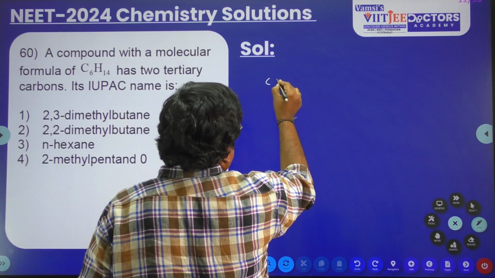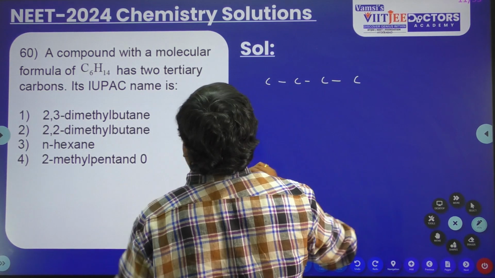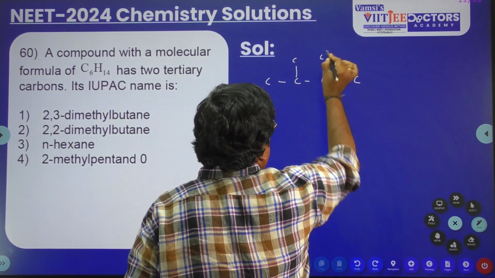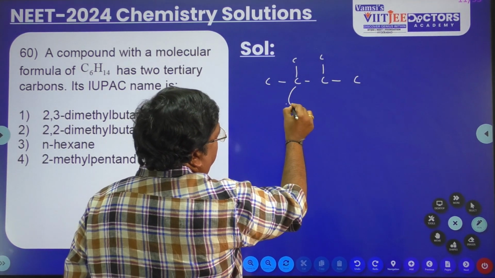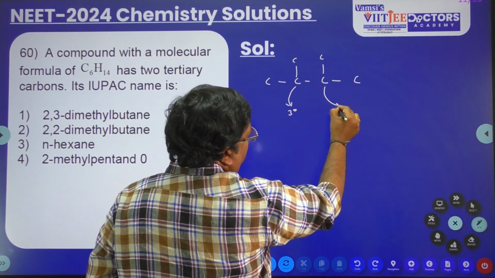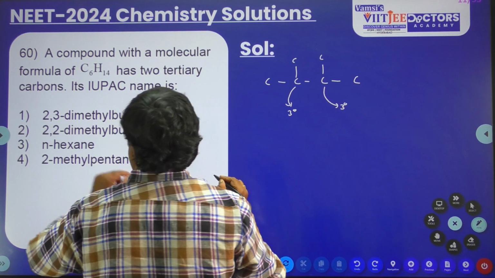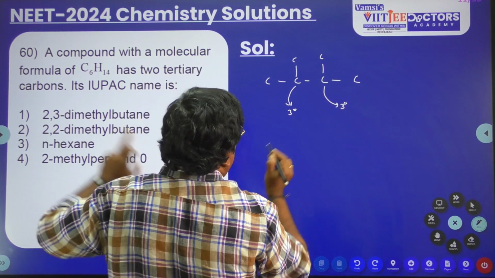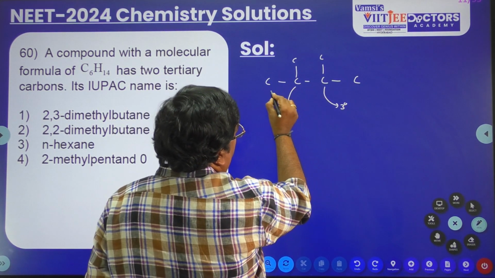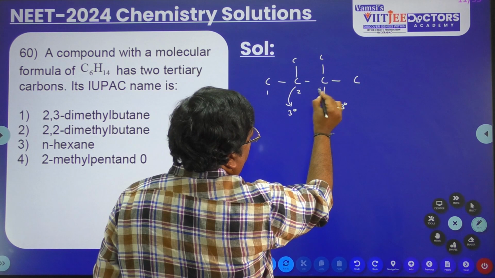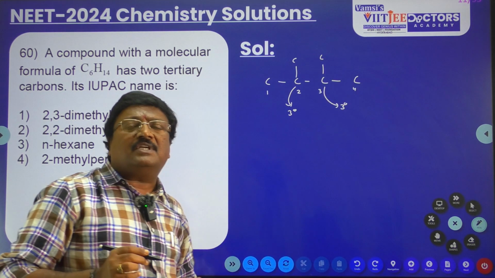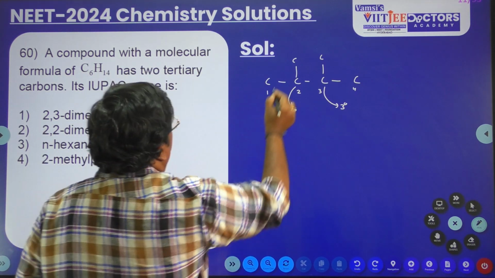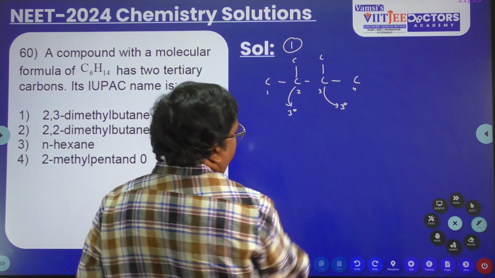Here I am writing 4 carbons in the chain, totally 6 carbon atoms are given, so 1 carbon here and 1 carbon here. Now this is a tertiary carbon, and this is also tertiary carbon, right? Since it requires 2 tertiary carbon atoms, the name is 2,3-dimethylbutane. Here, option 1 is correct.